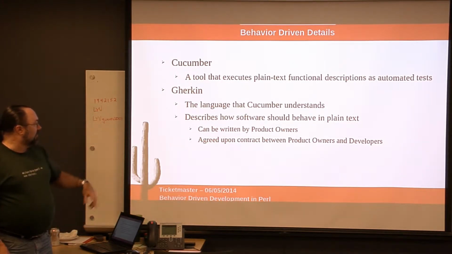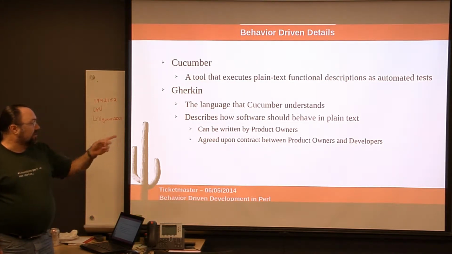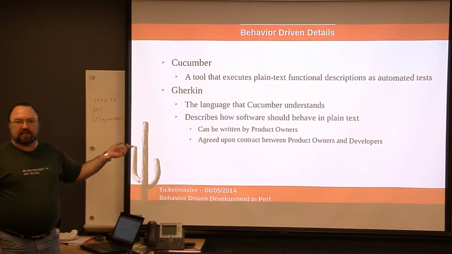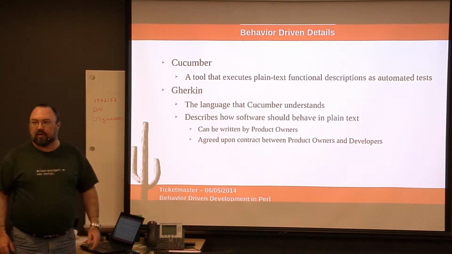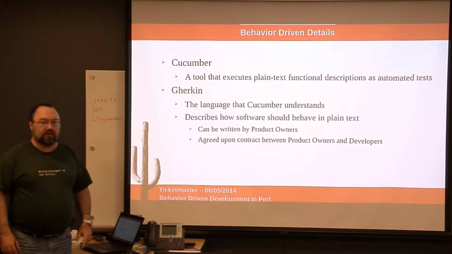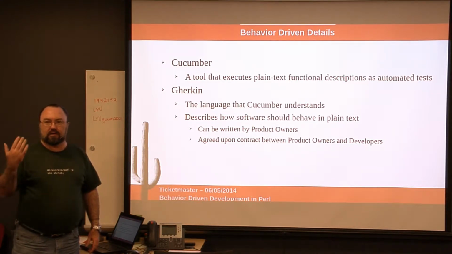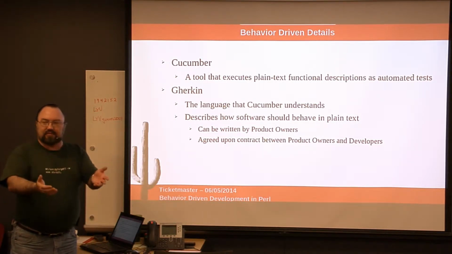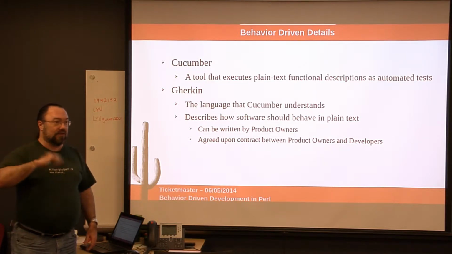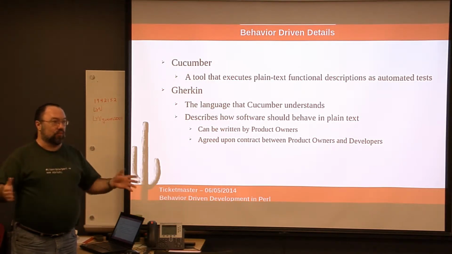So yeah, I already covered that point about product owners. And basically, the way we use it here, this isn't necessarily universal with BDD, but the way we use it here is this is kind of our contract between the product owner and us. Product owner gives us the BDD, and as long as we write code that passes all the BDD, we're done.